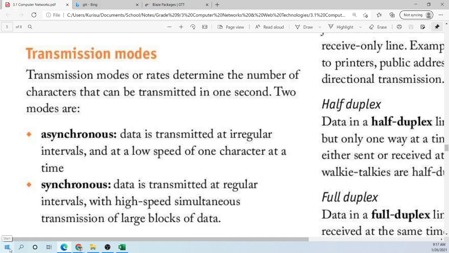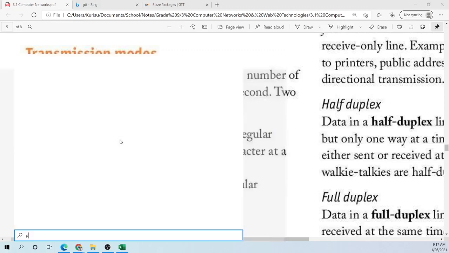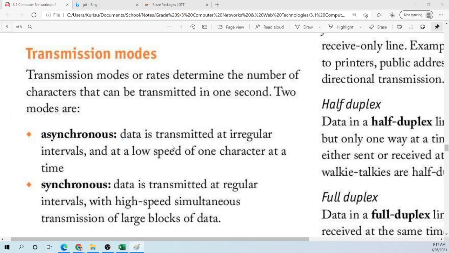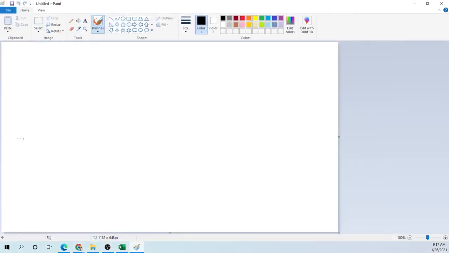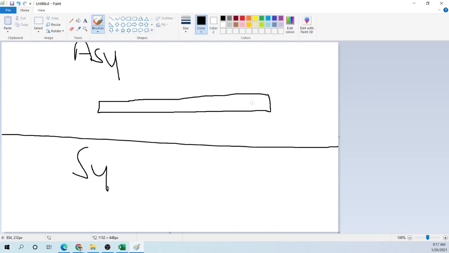So if you were to, let's see, where's Paint? So at the top here we're going to have asynchronous, and at the bottom here we're going to have synchronous. So asynchronous is basically, say this is our cable, and we're going to number it 1, 2, 3, 4, and 5.